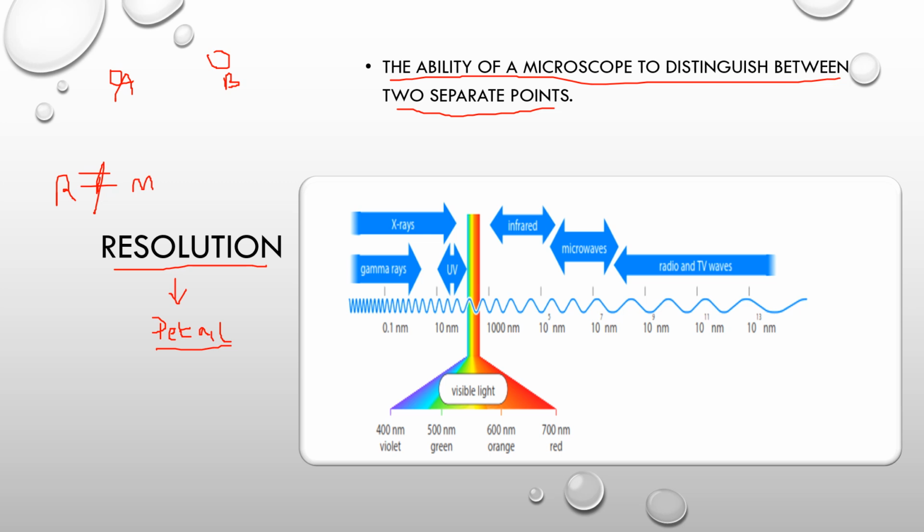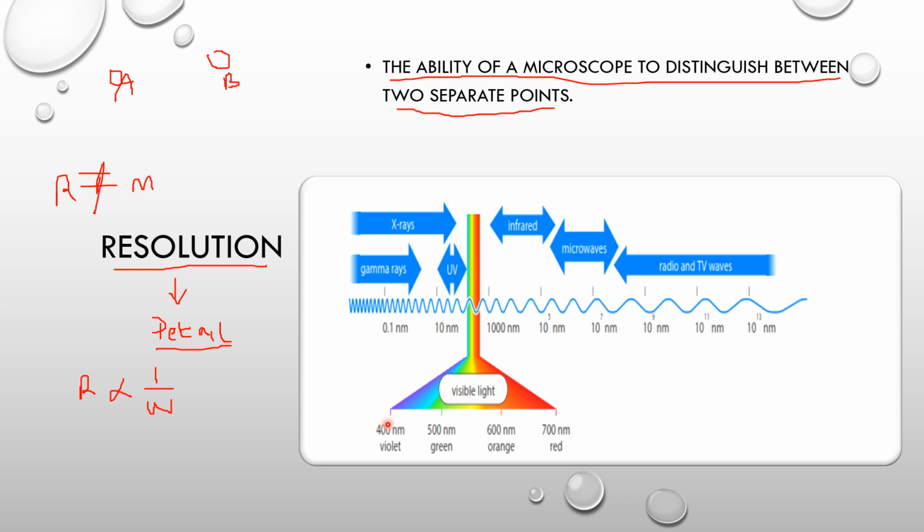Now, resolution, guys, is a product of wavelength. So resolution is inversely proportional to the wavelength of radiation. Every microscope has radiation used to see. Our eyes can only use visible light to see. Now the light microscope can also see using visible light.